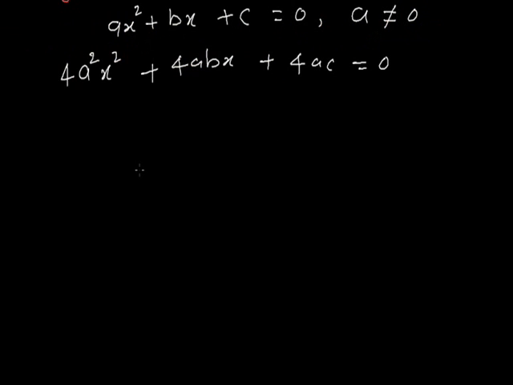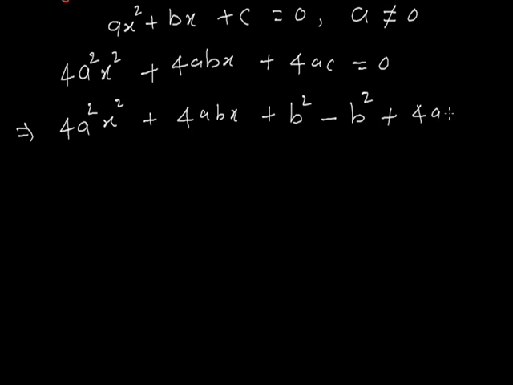To make the square, we have to add and subtract an extra term b square in this equation, as 4a square x square plus 4abx plus b square minus b square plus 4ac.